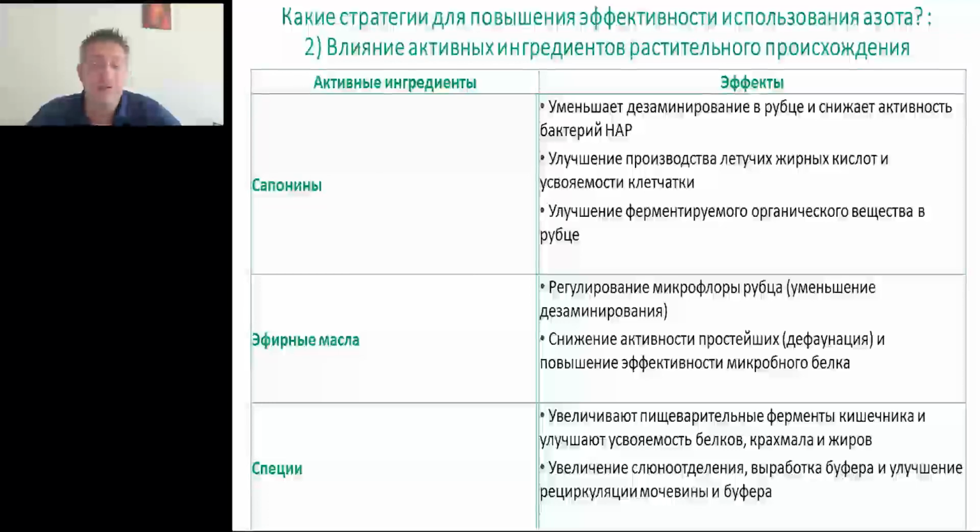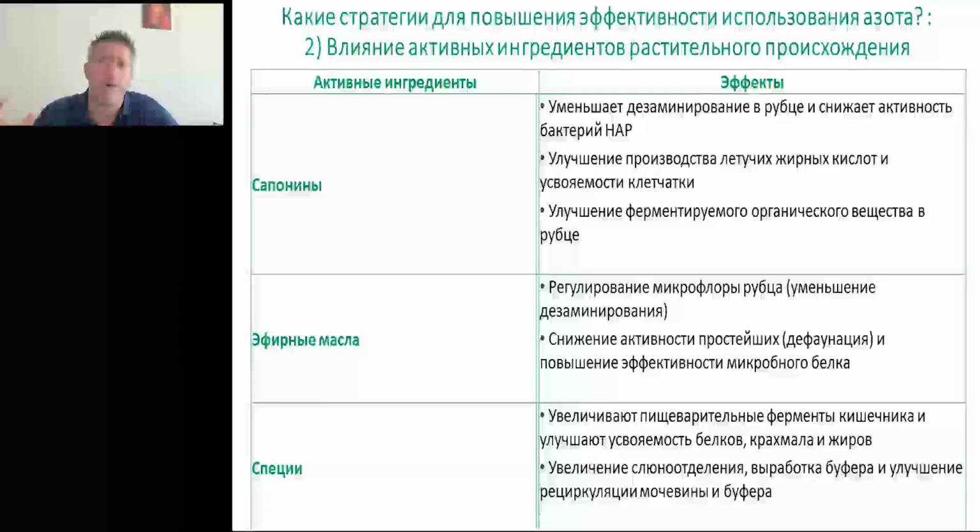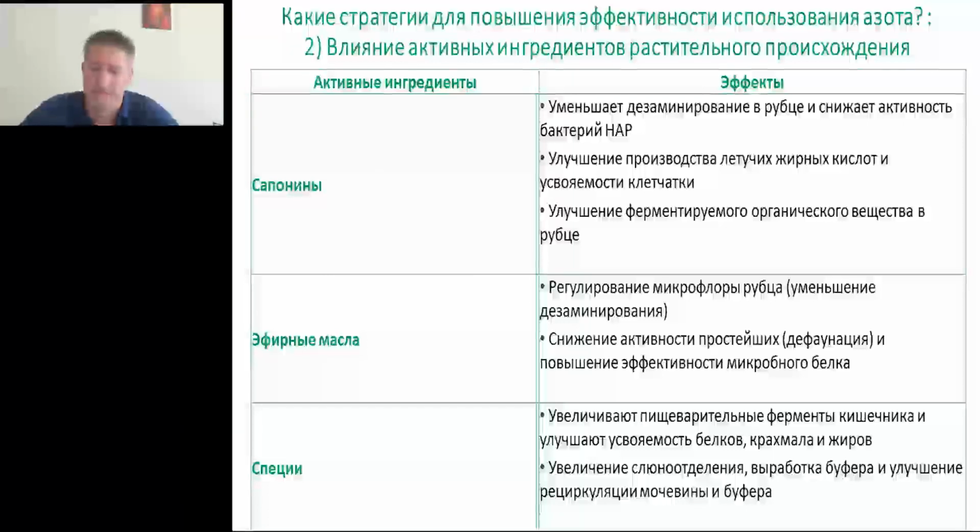And third, using a combination of spices, these spices improve the digestibility at the level of the small and large intestine. With a higher digestibility, we have an improved absorption of nutrients in the intestine, and we also improve the salivation, which provides more bicarbonate for our cattle.